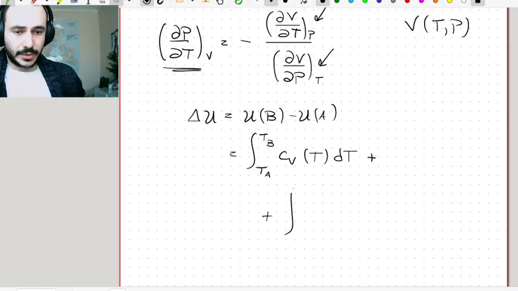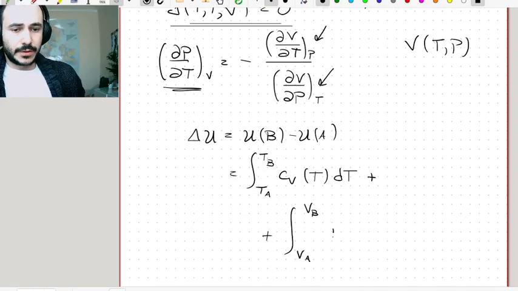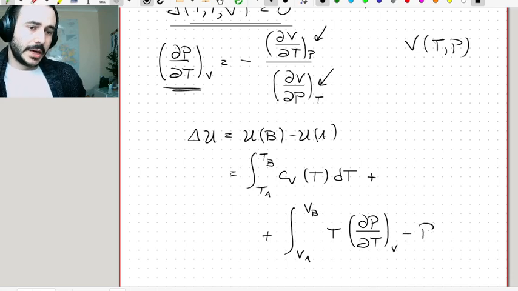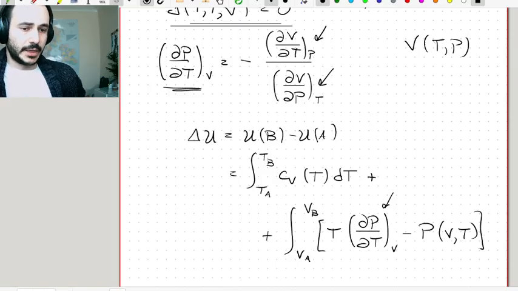Second term, as we had said, well, this would be the integral from initial volume to final volume, because there is a dV here, of T times the thermal pressure coefficient, so this derivative with respect to temperature at constant volume, minus p, okay, where p has to be written as a function of V and T, because these are our independent variables, and it's understood that this derivative is also expressed in V and T, so that we can make the volume integration here.